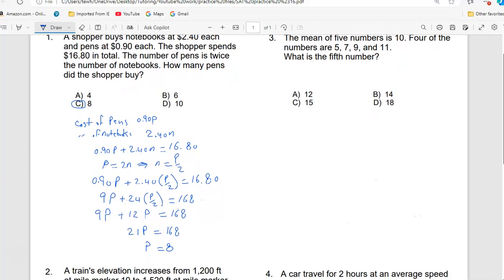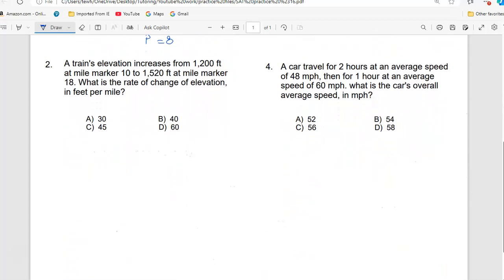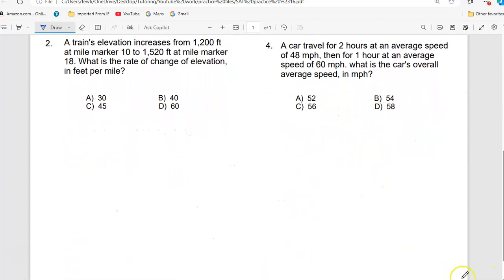Okay, let's go to the next one. Give it a try. A train's elevation increases from 1,200 feet at mile marker 10 to 1,520 feet at mile marker 18. What is the rate of change of elevation in feet per mile?